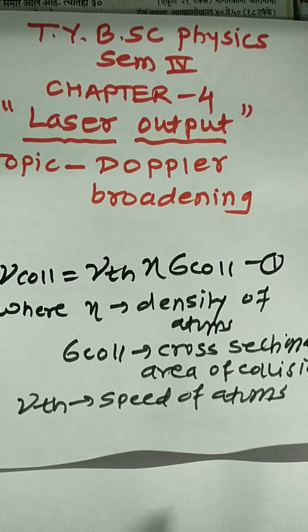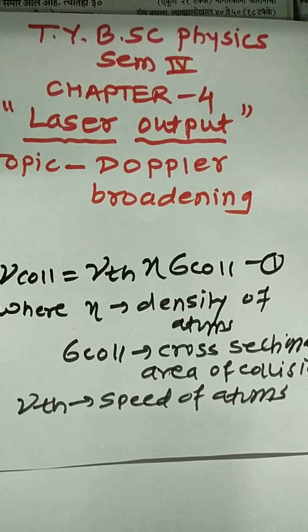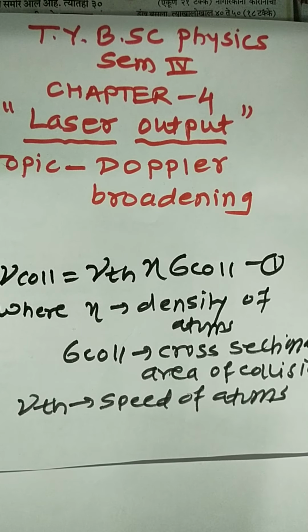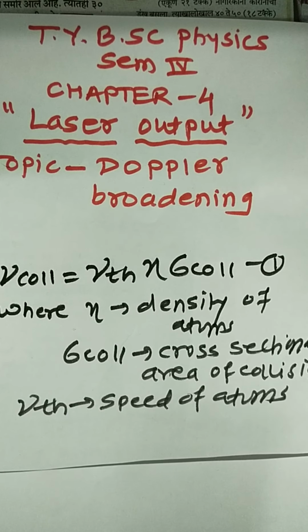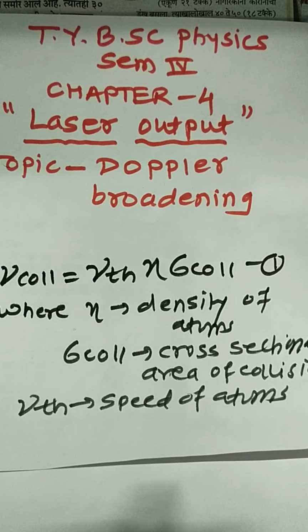In collision broadening, if an atom which is emitting a wave train undergoes a collision, then the phase of the wave train is suddenly changed. This effect produces shortening in the wave train and is known as collision broadening, a spectral line broadening mechanism.